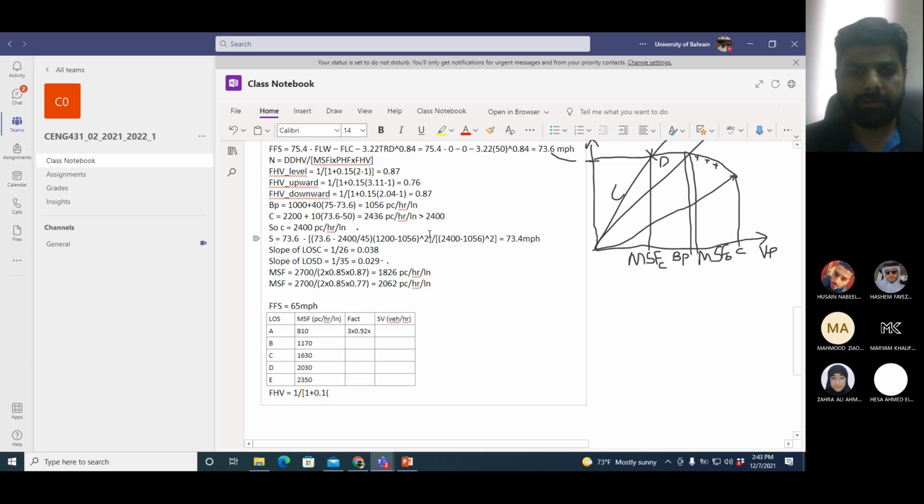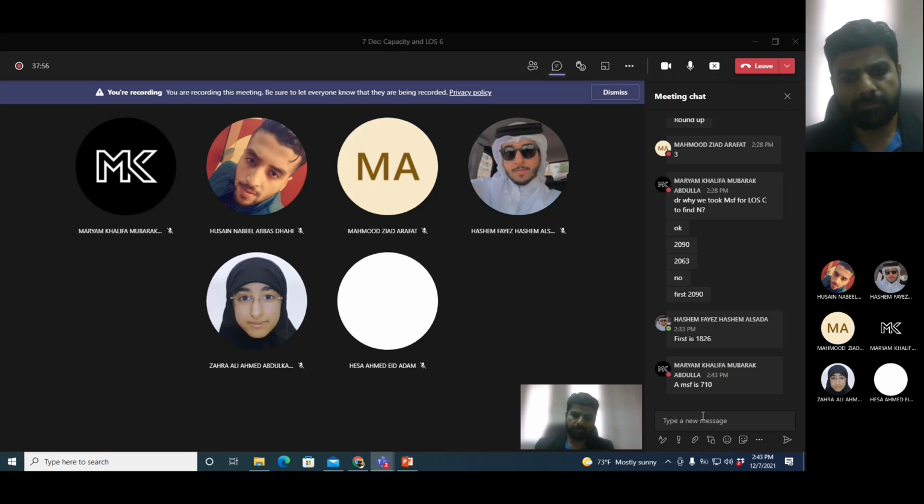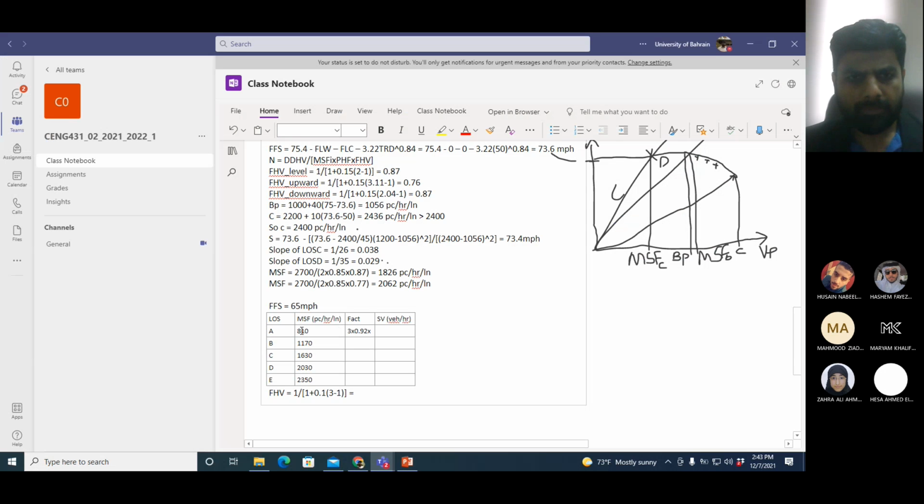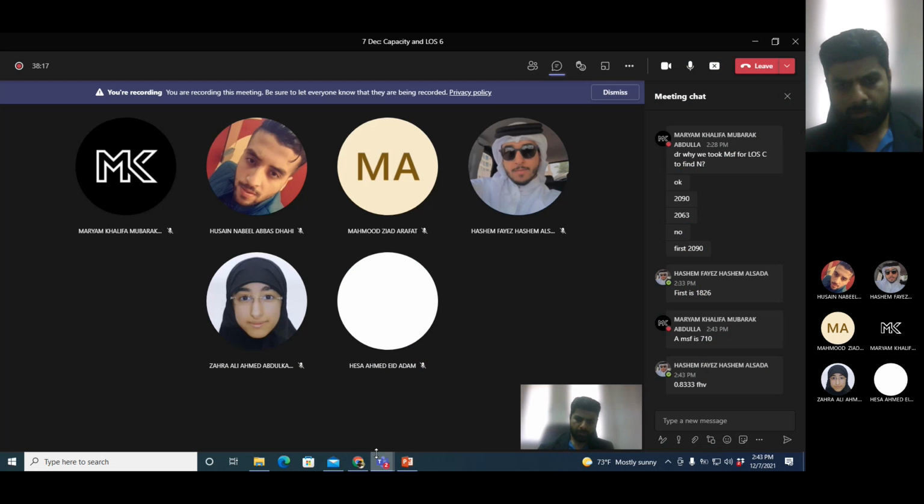For rolling terrain, the equivalency factor is 3. How much is FHV here? It comes to 0.83.